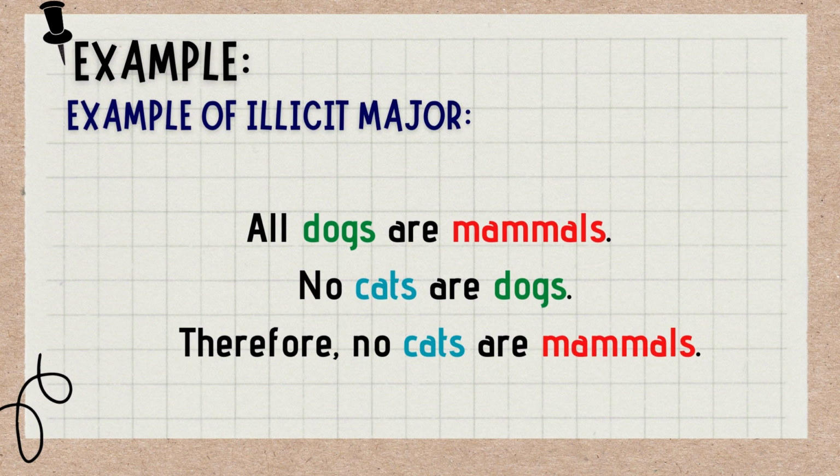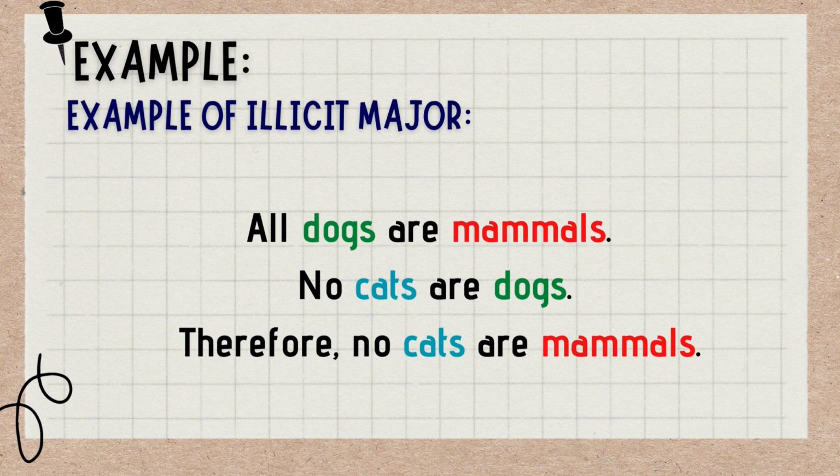Since the major term is mammals, the first premise, all dogs are mammals, is the major premise, and no cats are dogs is the minor premise. Mammals is distributed in the conclusion, so it must be distributed in the premise too. But in the major premise, mammals is not distributed. So this syllogism has committed the fallacy of illicit major.